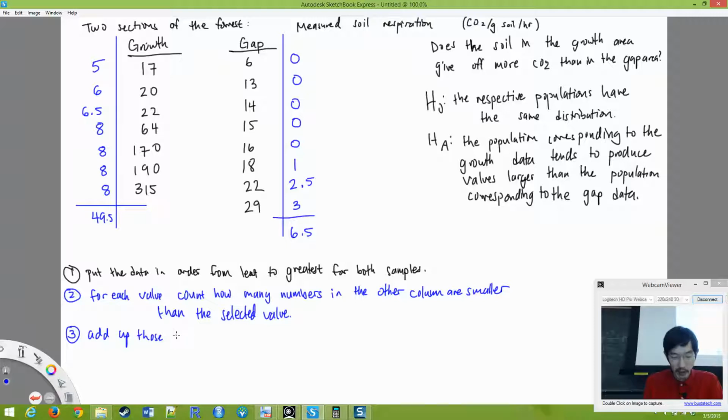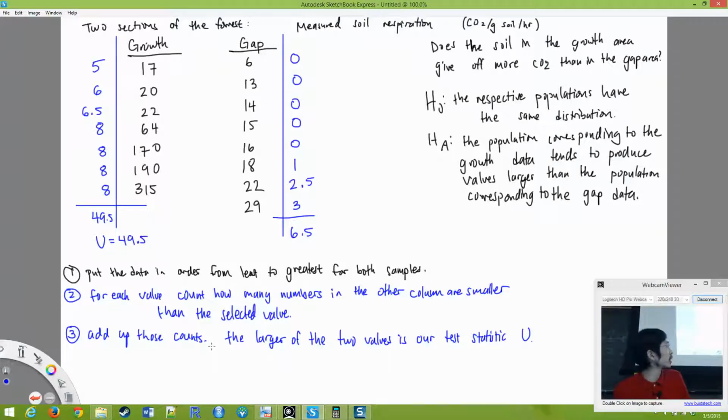Add up those counts. Okay, and the larger of the 2 numbers will become our test statistic U. Okay, so in our case, U is equal to 49.5.